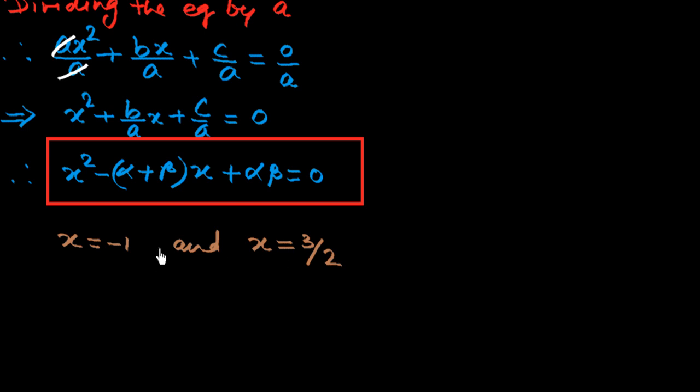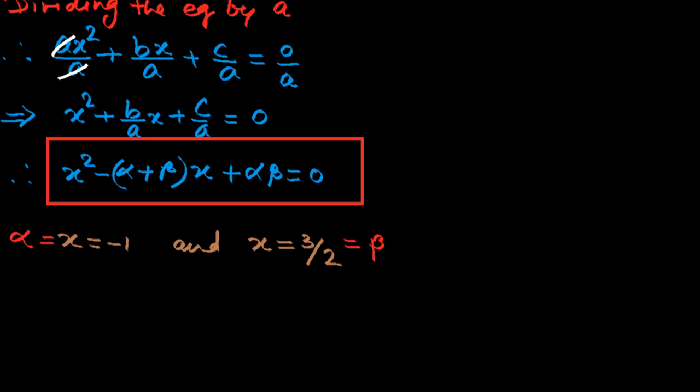If you have to find the equation through these roots using this formula, we assume that this is the first root, alpha, and the second root is beta. So instead of alpha, we put minus 1, and instead of beta, we put 3 over 2.